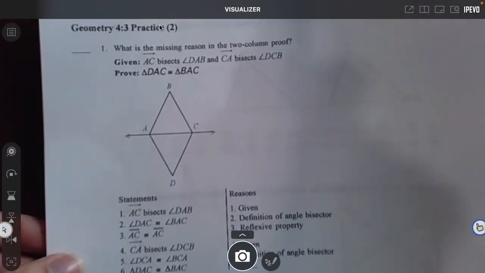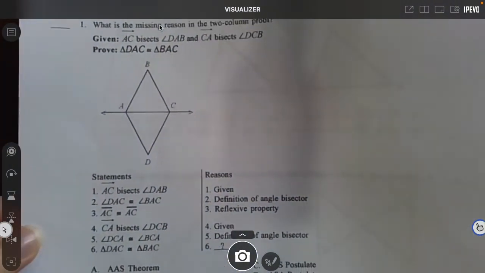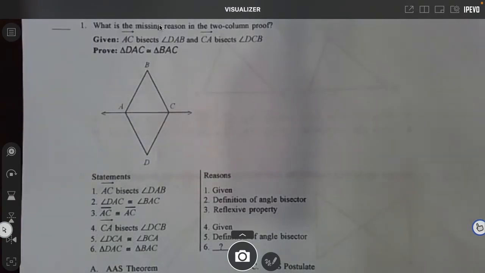So on number 1, it just wants to know what's missing from our proof. They give me a whole lot of information. AC bisects angle DAB. What does that mean? If it bisects it, it means that this angle is congruent to this angle. And y'all, if I were you, I would mark on my paper as I go through the proof so that I know what my information is.